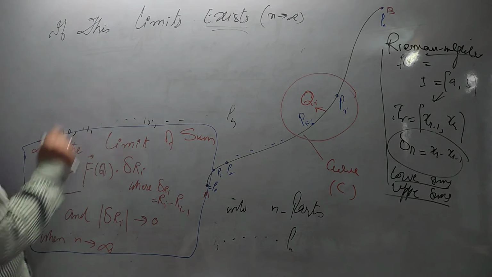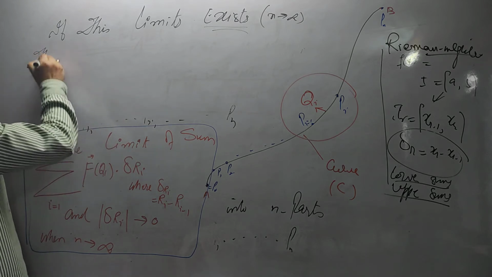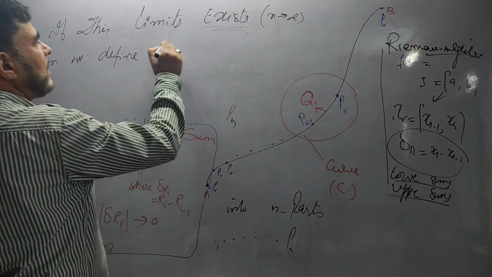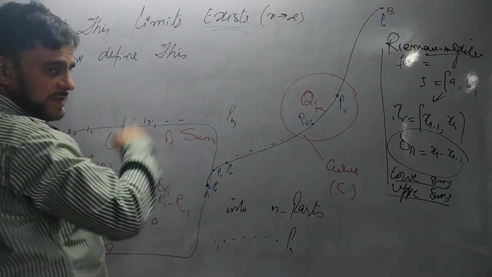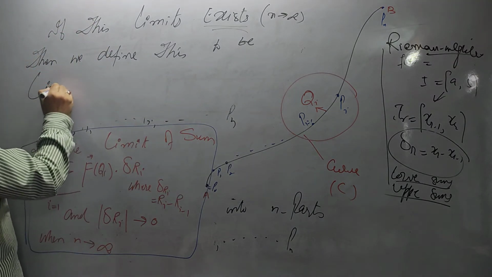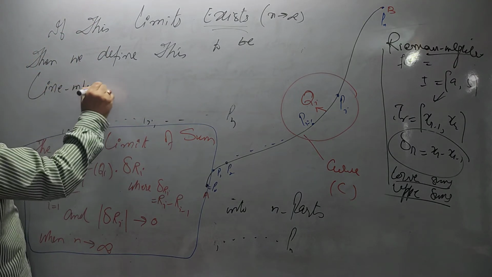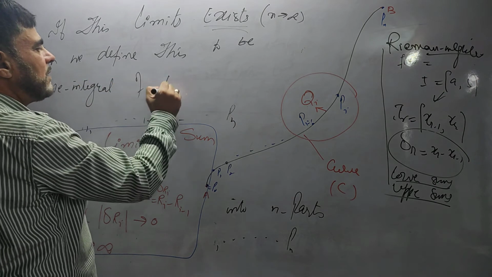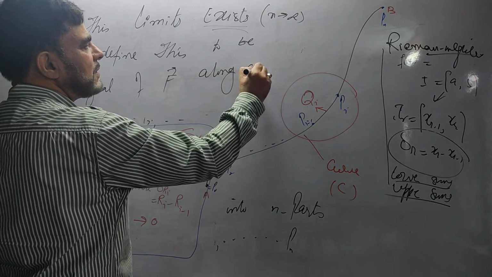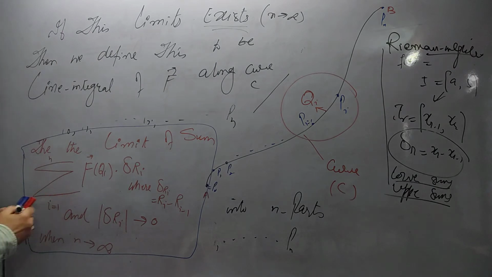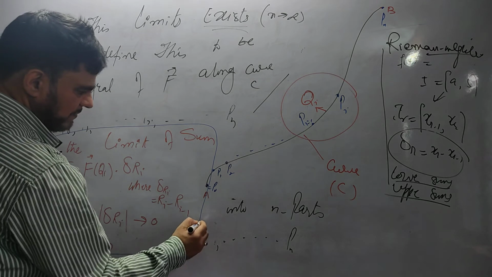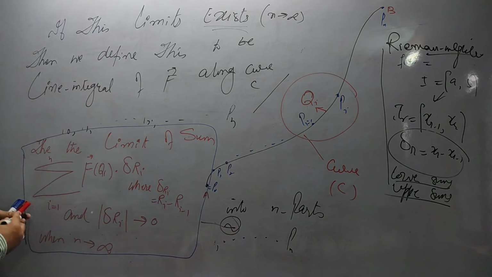If this limit exists as n tends to infinity, then we define this finite value to be the line integral of f along curve C. I will name this sum which I have written here. Let this be denoted by alpha. This sum is alpha.